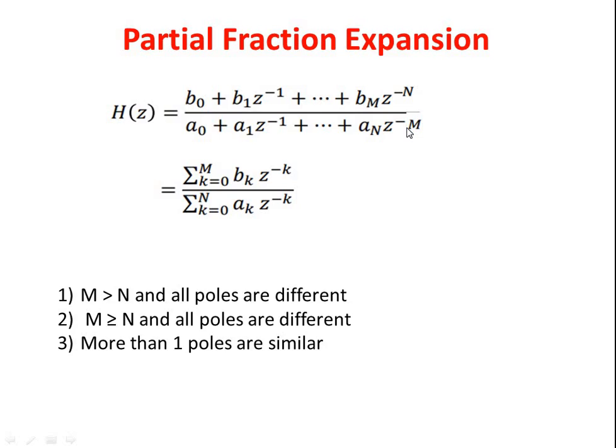So the very first thing to keep in mind for solving partial fractions is to check that the order of the denominator is greater than the numerator. The second case is equal orders in both numerator and denominator, and another is repeated poles.